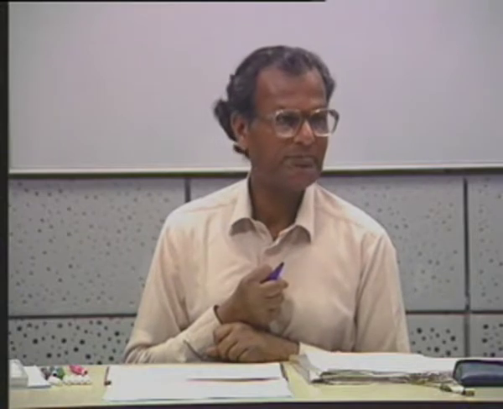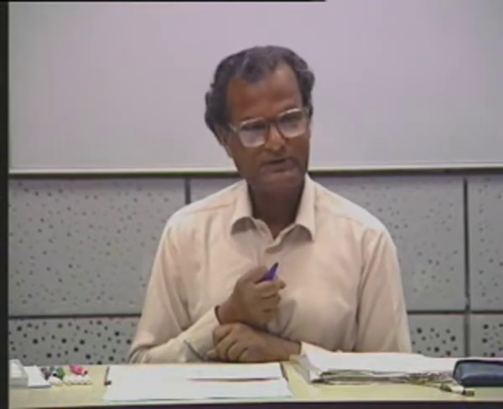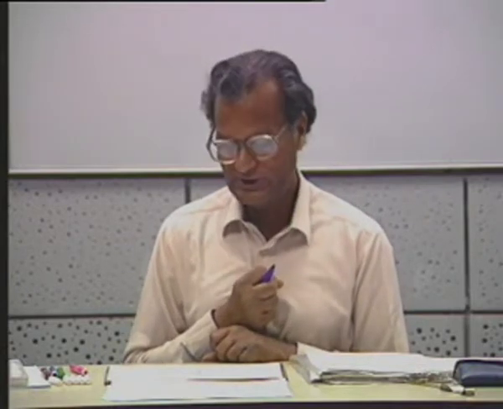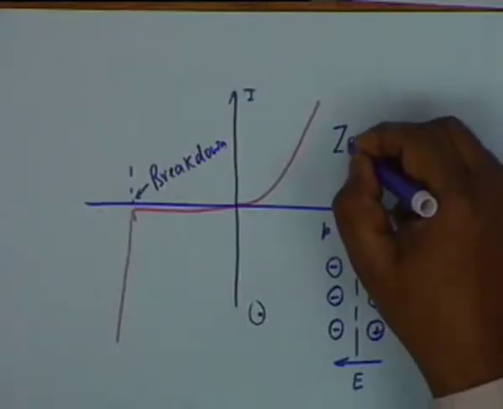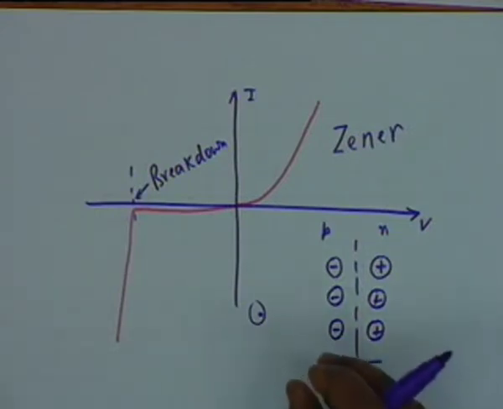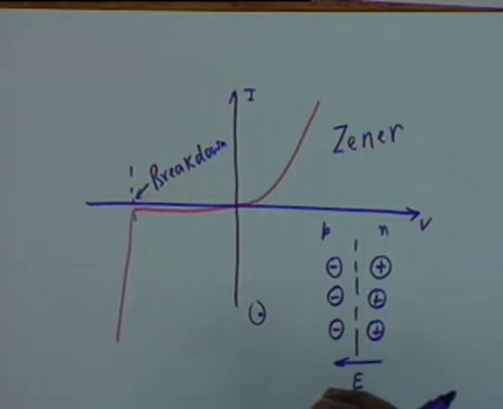And this kind of breakdown, or this kind of increase in current due to an increase of reverse potential, is the so-called Zener breakdown, and occurs in a junction in which both sides are relatively heavily doped. In other words, the number of impurity atoms on both sides are relatively large.